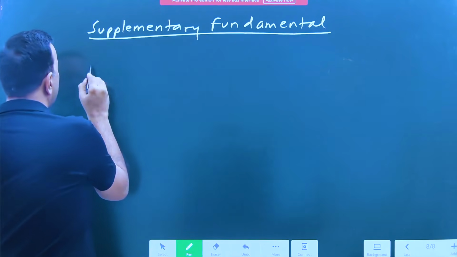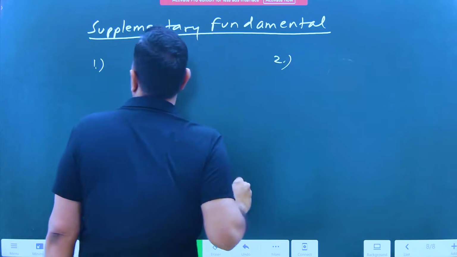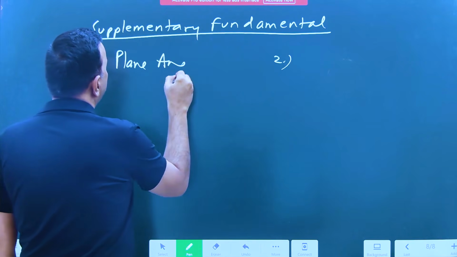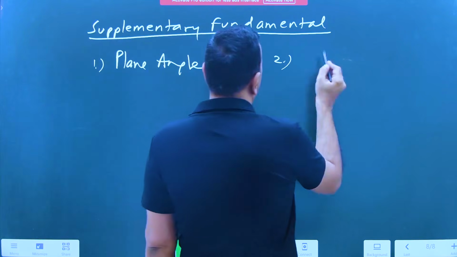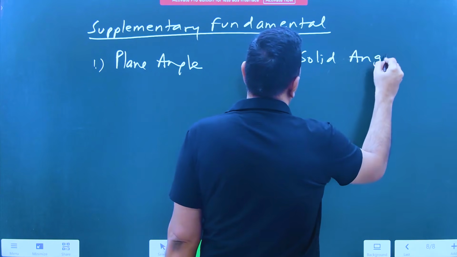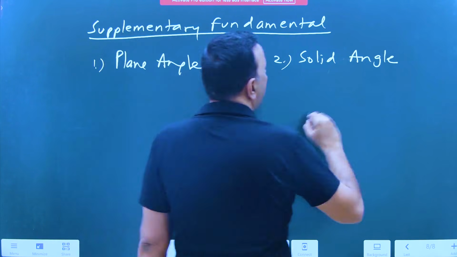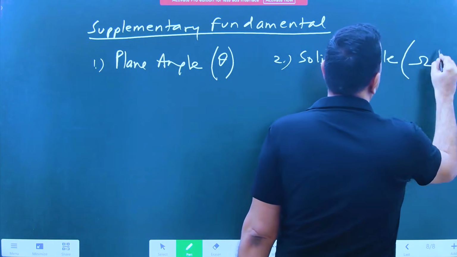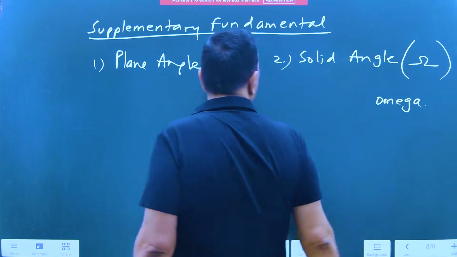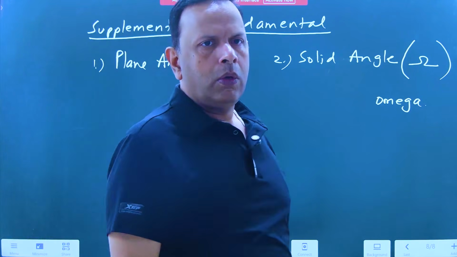Now see, these are just two in number. One we call the plane angle and another we call the solid angle. For plane angle, we use the symbol theta. For solid angle, we use the symbol omega.